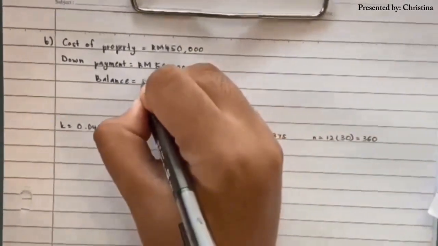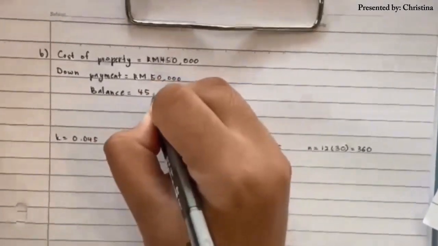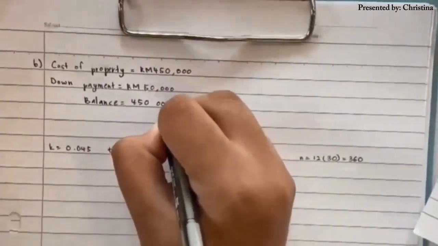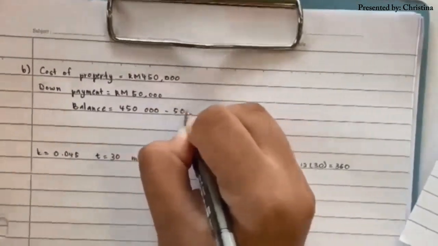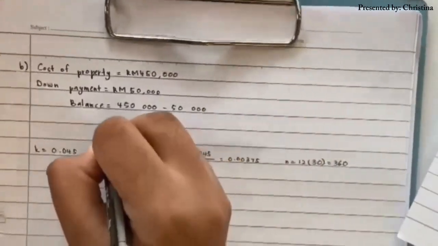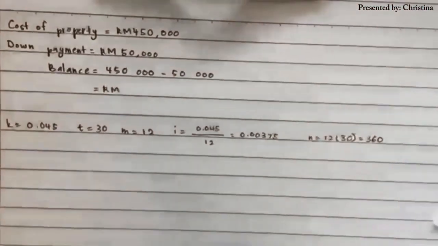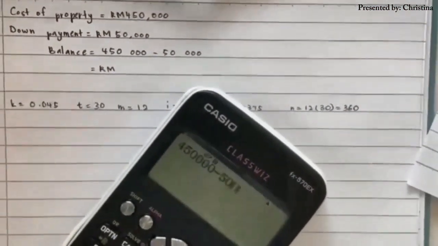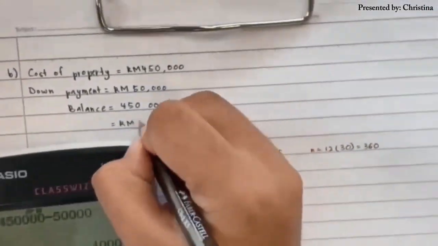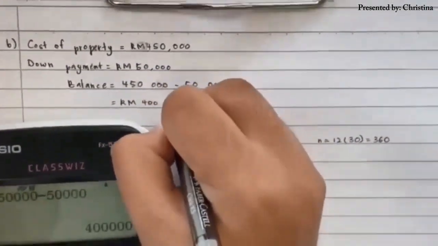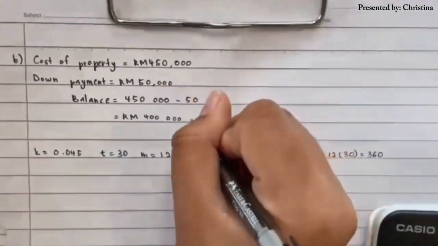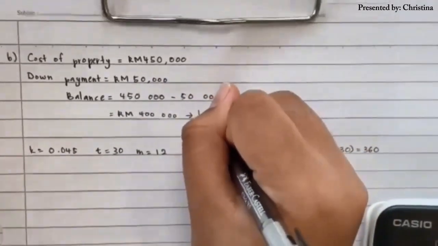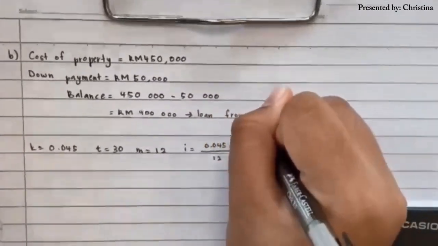So it becomes cost of property minus down payment. Then we calculate it and we got 400,000. So it is called the loan from the bank, or value A.